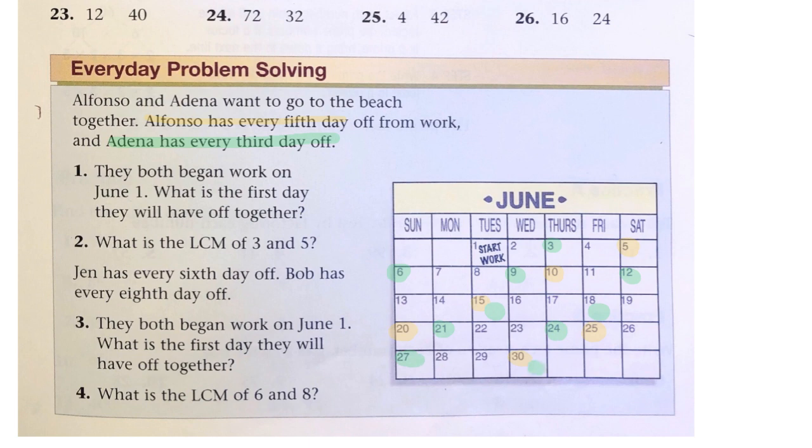All right, so we have some matches. So they both begin working on the first. What's the first day that they'll have off together? The 15th, I think. Now, what's the least common multiple of 3 and 5? It is 15.